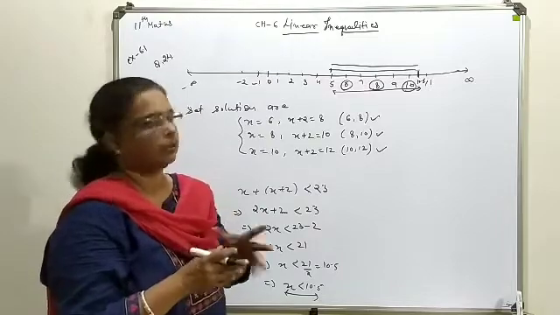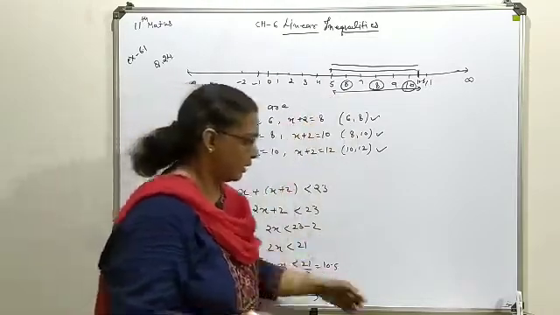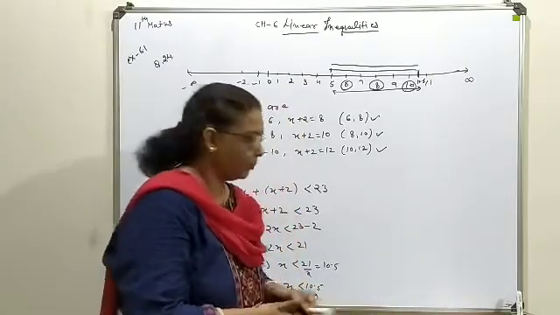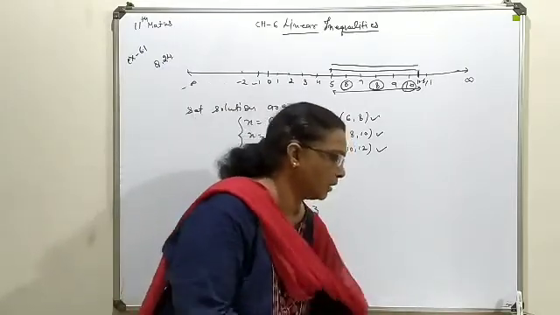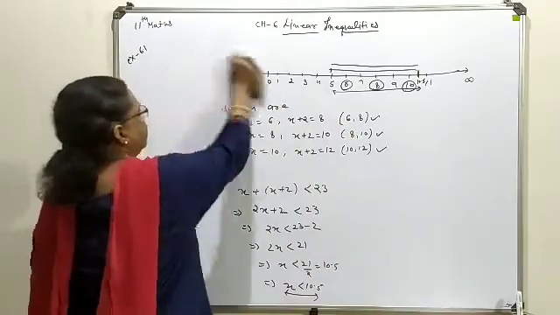The combined solution you get from greater than and less than is to be written as the final solution form. This is how these types of practical problems are to be solved. Next we are going to attend a question based on this type.